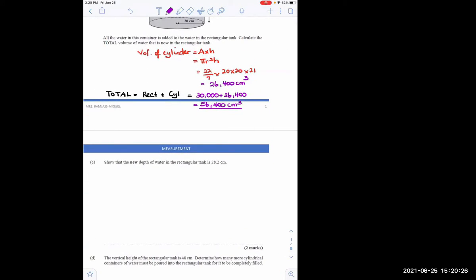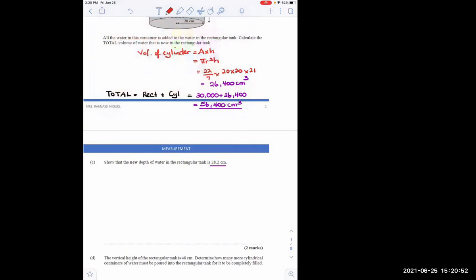Now, think about it. In my container, I had 30,000 and I poured the water from my cylinder, which was the glass. And I did point out to you that the height increased. So what stays the same is the area of the rectangular tank. The area stays the same, but the height of the tank increases, right?